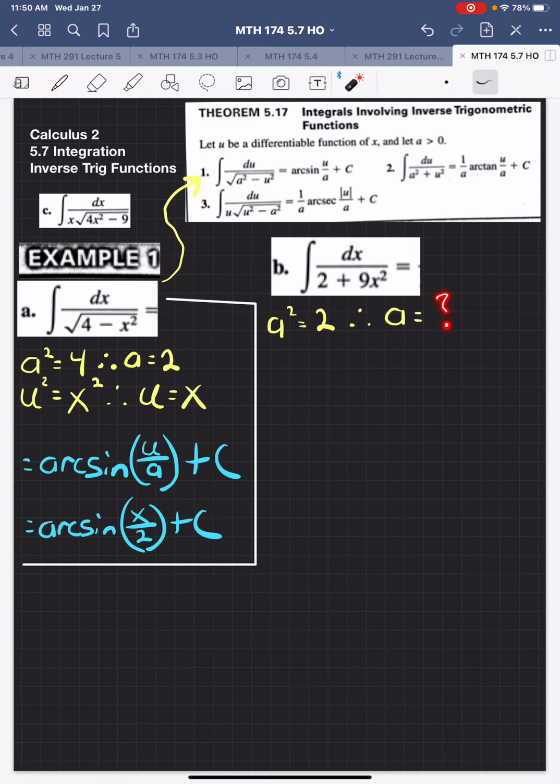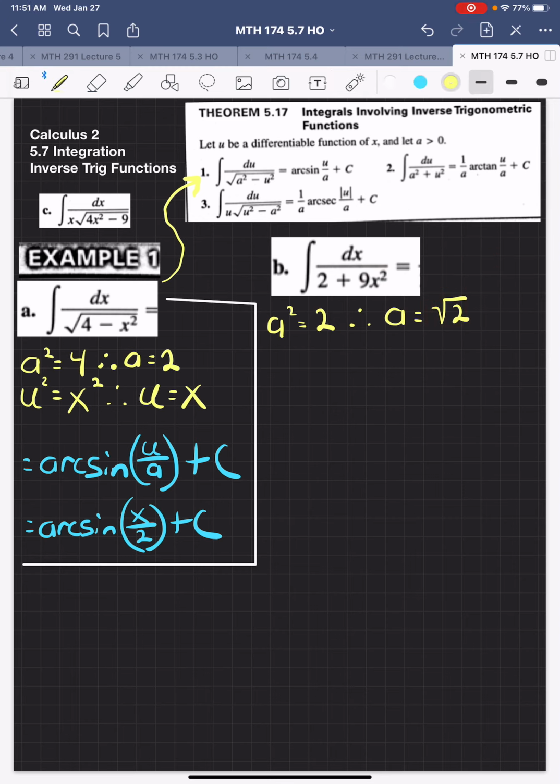What number could you square to get 2? If you square the square root of 2, you would get 2. So a must be the square root of 2.